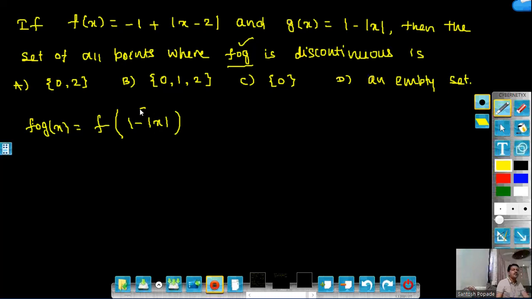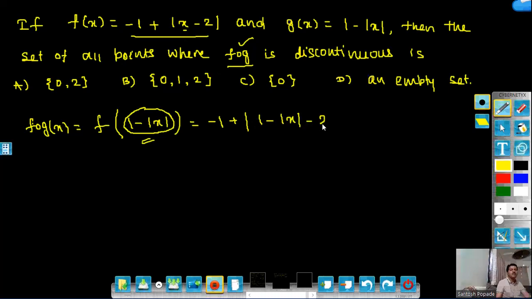So let us find f o g of x, which is equals to f of, in bracket, g of x. Okay, f of, now g of x is known to you, it is 1 minus mod x.